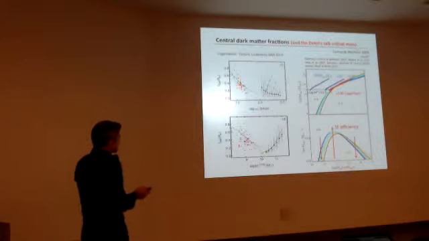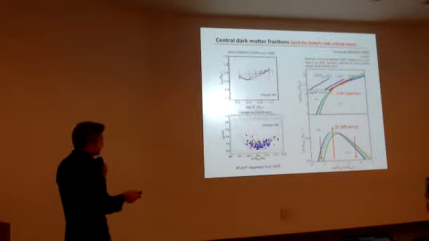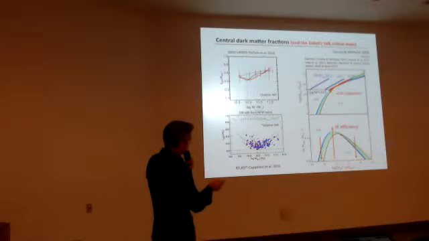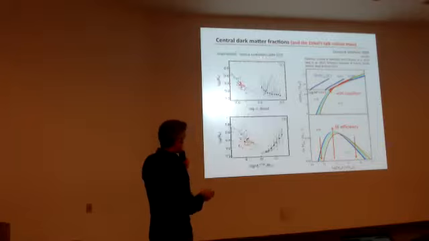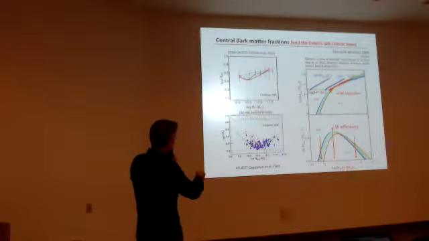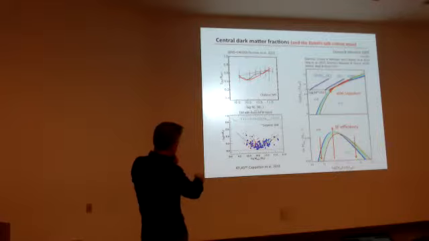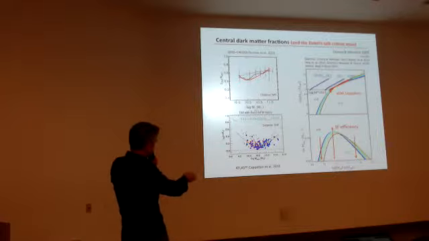Of course, we have to be very careful when we use this conversion, because this can change. That means that if you go to this scale, the dark matter fraction actually has to grow more slowly than what is given by this correlation.